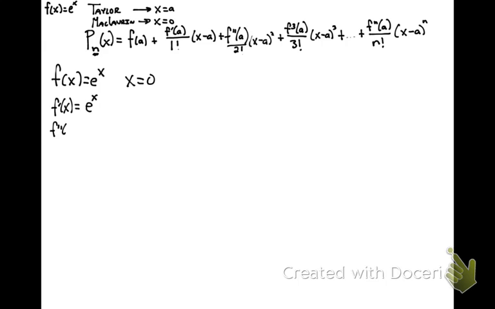F double prime of x is also e to the x. And the third derivative is also e to the x, which makes this a nice place to start. Notice that f of 0 equals 1, and so does f prime of 0, and the second derivative and the third derivative happen to all equal 1. Which again makes this a nice place to start.